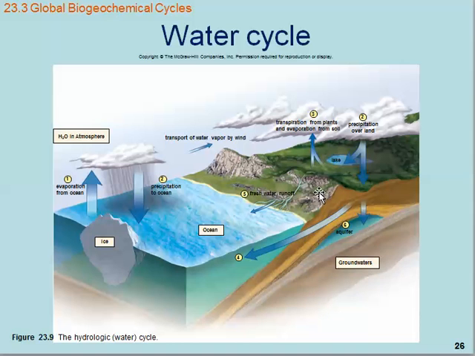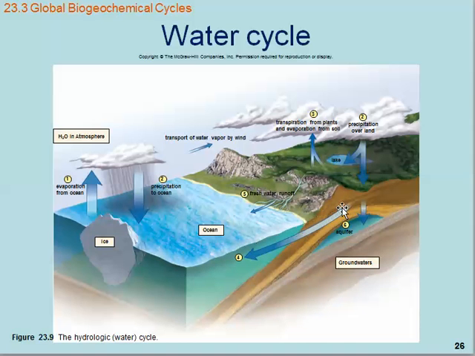Some of the water that enters the ground is intercepted by plants that absorb it, use some of it for photosynthesis, and give off some of it through the leaves in a process that we call transpiration. So that is, in essence, the water cycle.